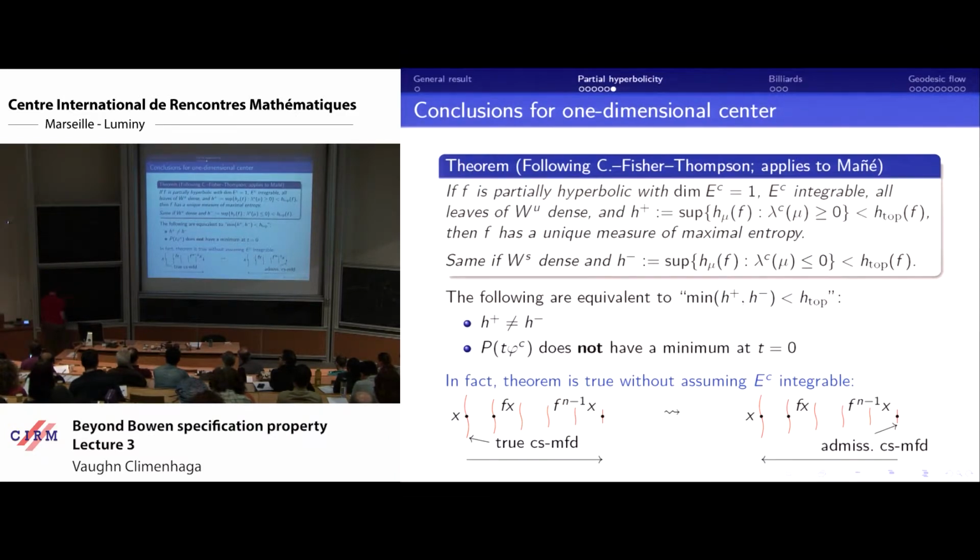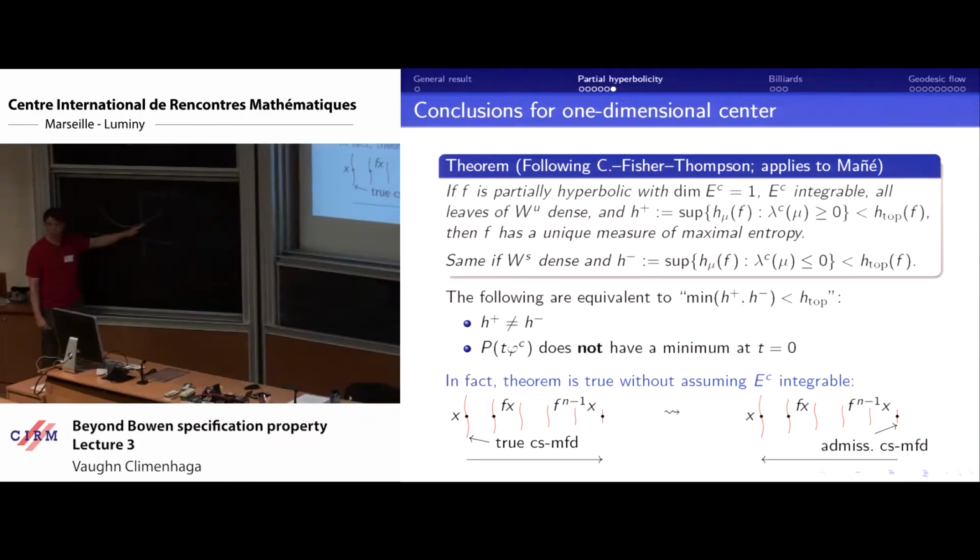Then, if there's some T for which the pressure is less than the entropy, then any equilibrium state, any measure of maximal entropy has a center Lyapunov exponent, which is the slope of a subtangent line to this function at 0. In this picture, those must all be positive. That's the idea.